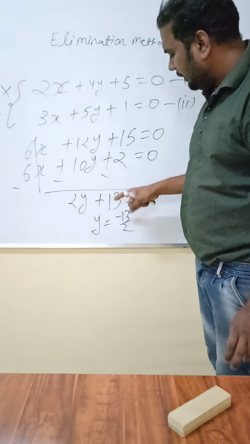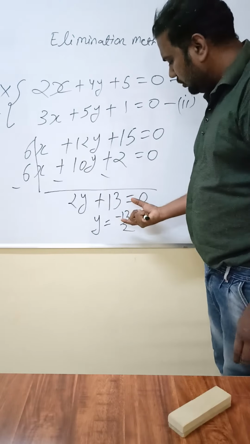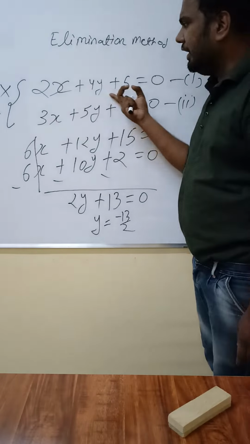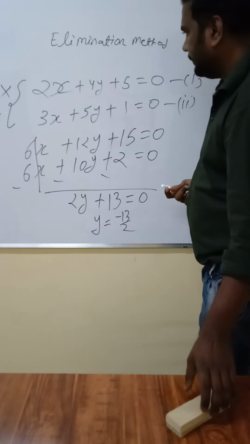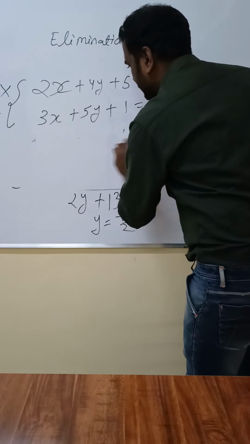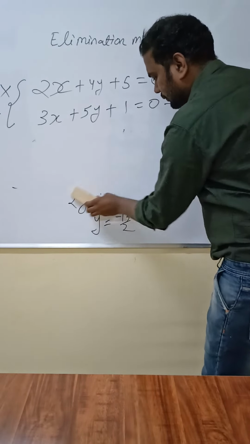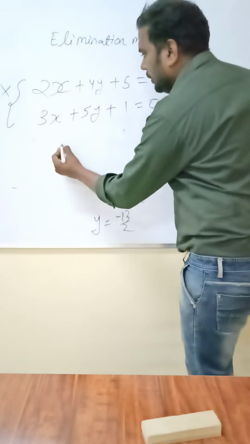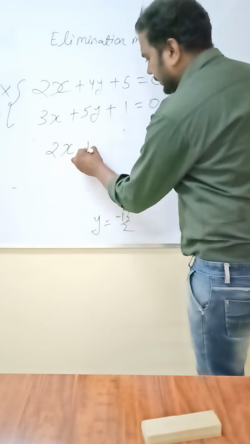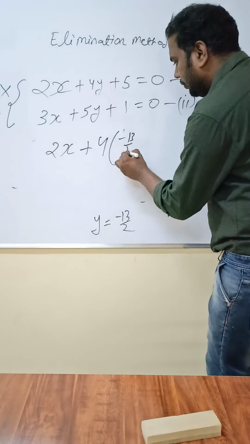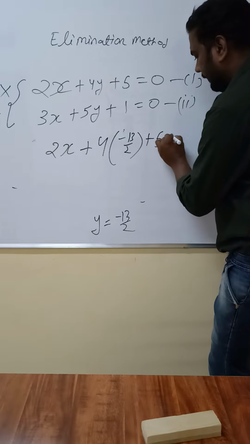Now we have to find the value of x. So put the value of y in this equation. 2x plus 4 times the value of y, minus 13 upon 2, plus 5 equal to 0.